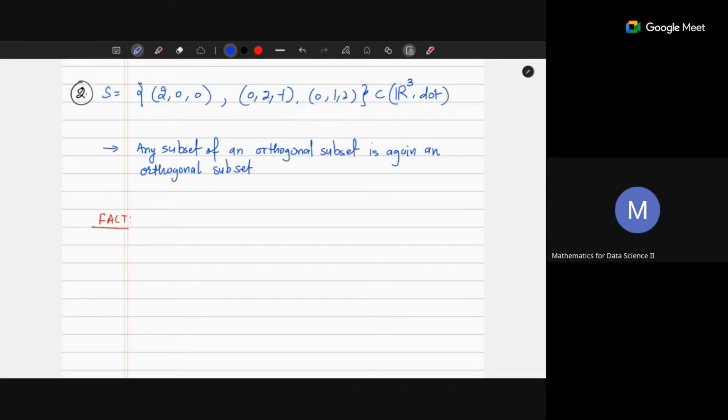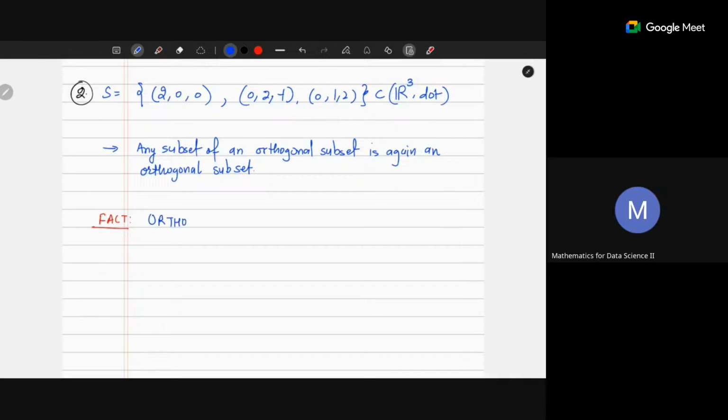So now let me write down this fact: a set of orthogonal vectors forms a linearly independent set. That is always true.